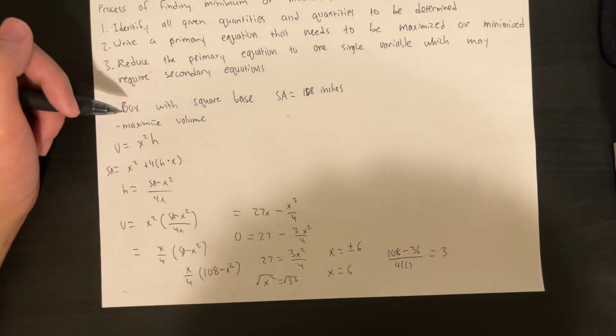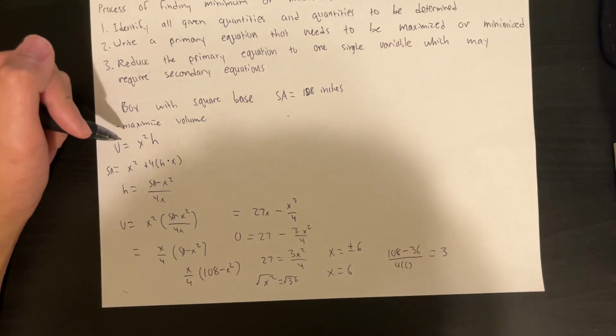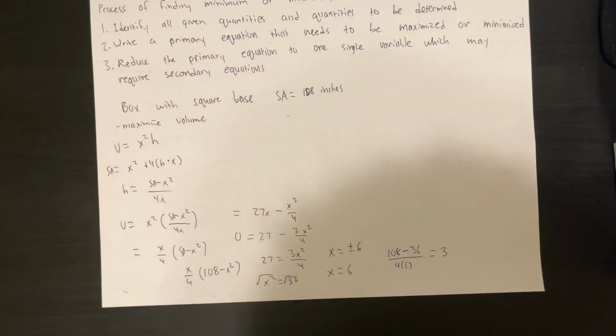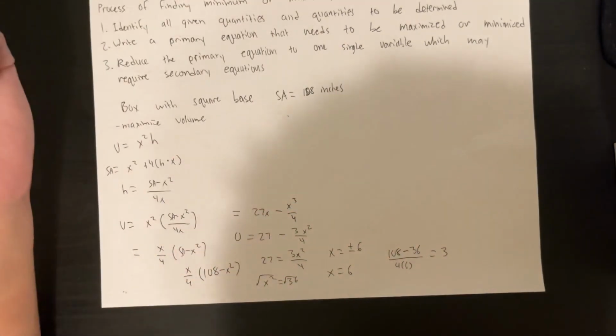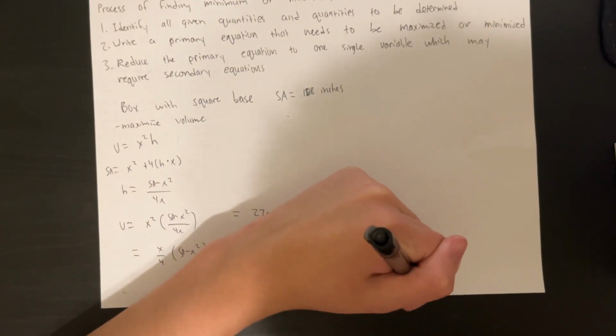So the volume to maximize, the maximized volume will be 3 by 3 by 6 inches.